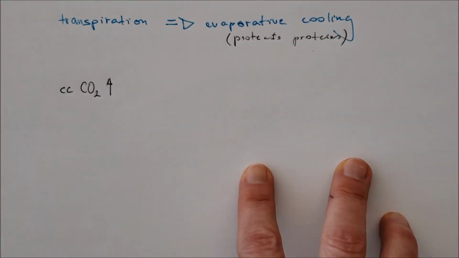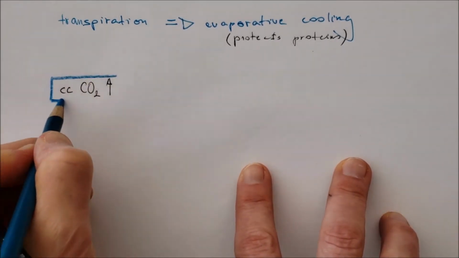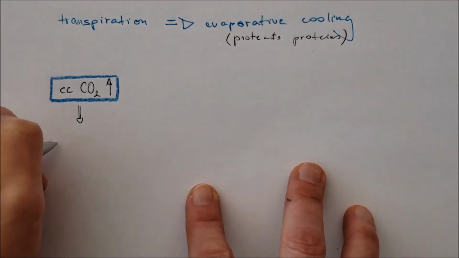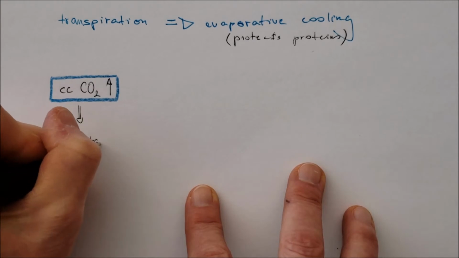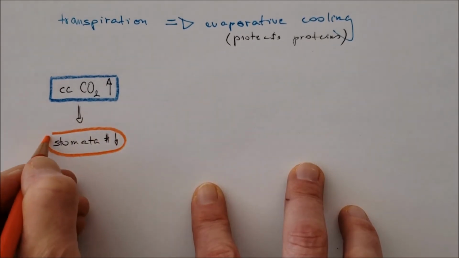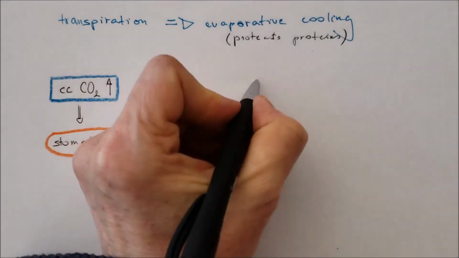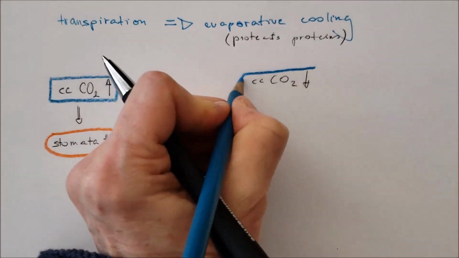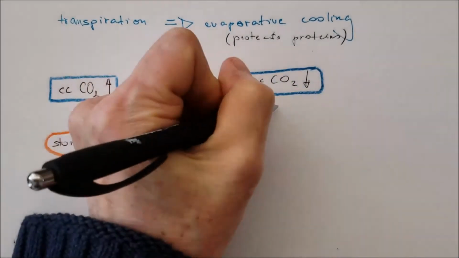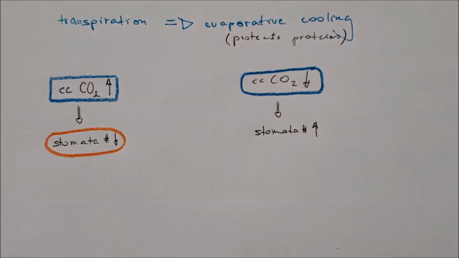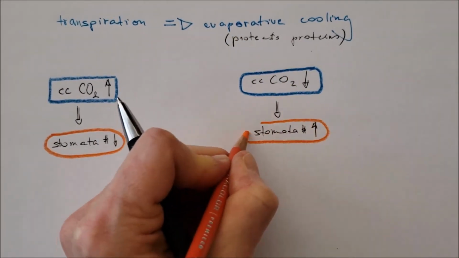So when the carbon dioxide concentration increases, many plants with a low number of stomata can survive. So this is a natural selection: they will survive with a low number of stomata. When the concentration of the carbon dioxide is low, only plants with a high number of stomata will be able to survive.